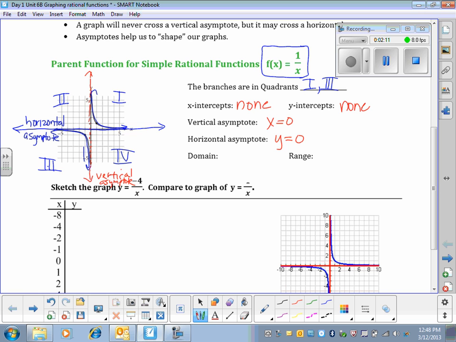Okay. So let's talk about domain and range. These are actually easier questions because we're only talking about what it can't be. So what's the domain? Where can it be and not be in this? The asymptotes. Good.